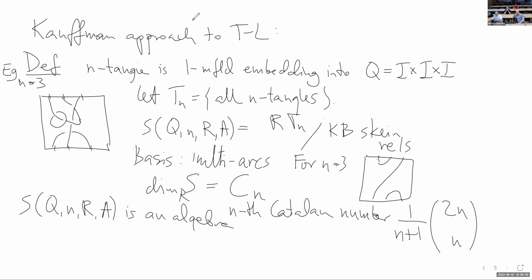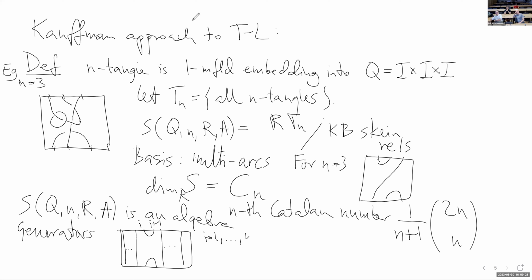Well, the generators are, perhaps you can guess, something like that. This is i plus 1, and then you have just straight arcs, and the i can be from 1 to n minus 1.